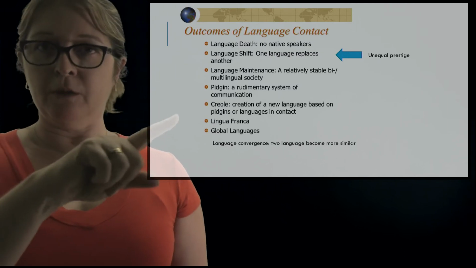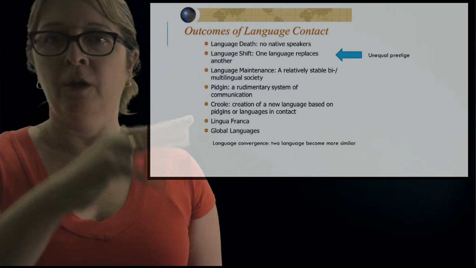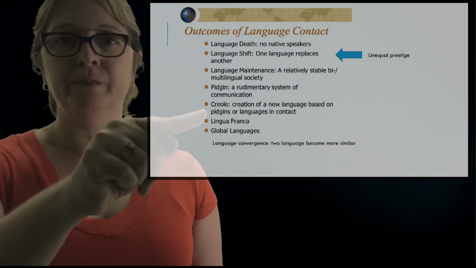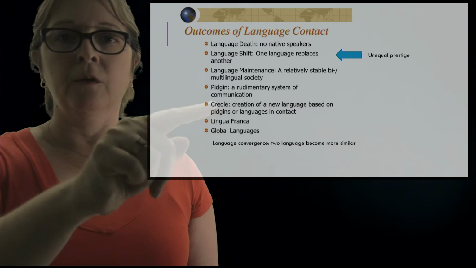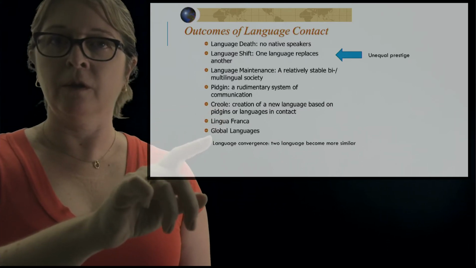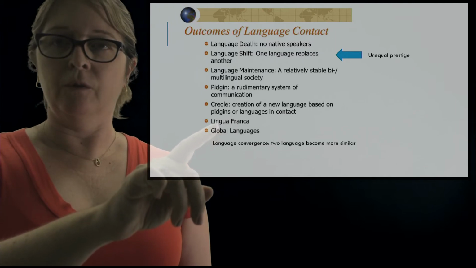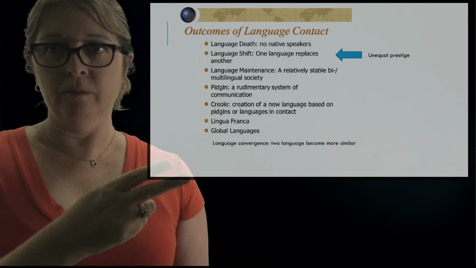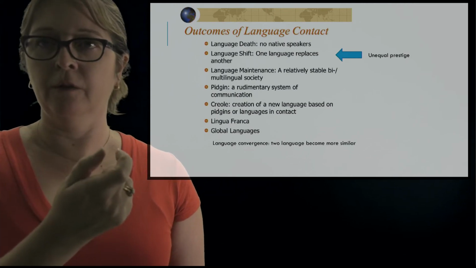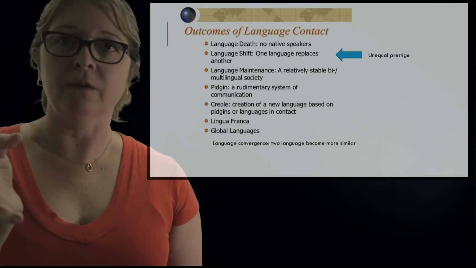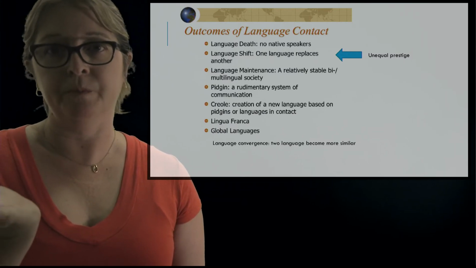Then we have Pidgin, which is the very beginning of creating another language. Pidgin goes to Creole. Then you also would have a lingua franca, which is if you have language X and language Y come together, they do not speak the same languages, so they adopt another one as the lingua franca, like English.